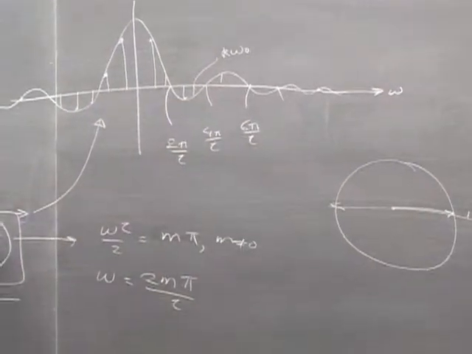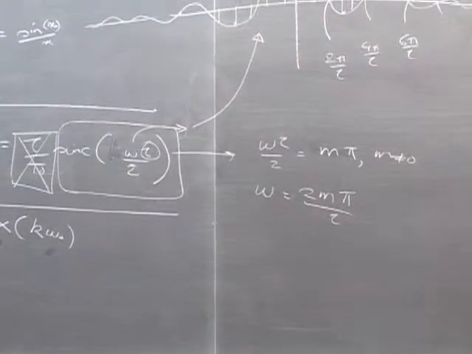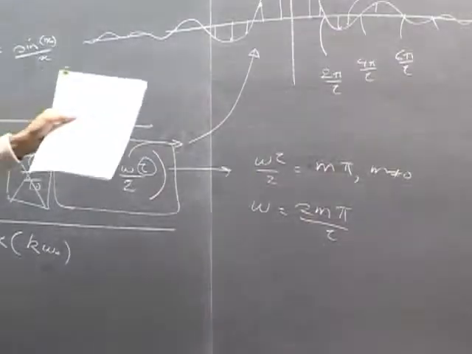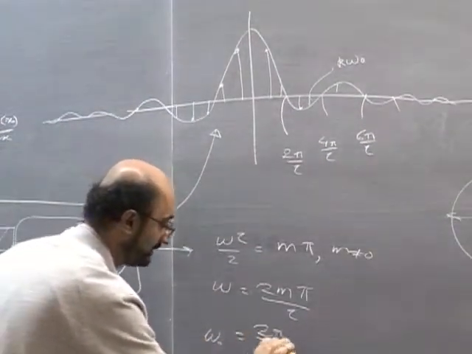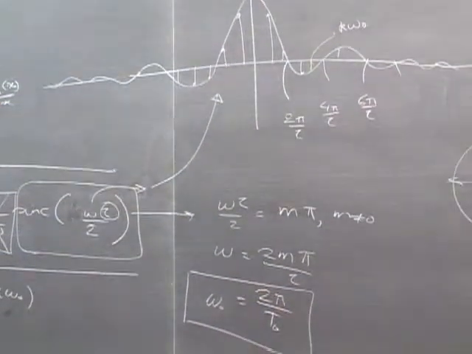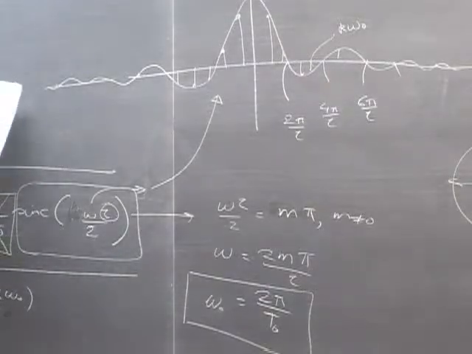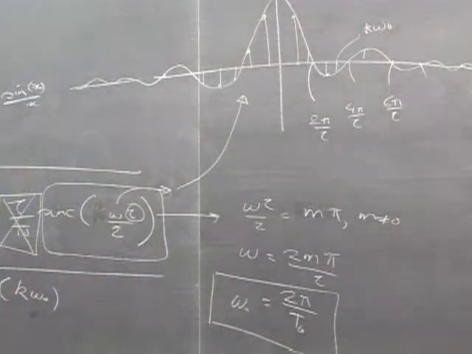It depends essentially on tau, which is the pulse width, but it's independent of the period. Whereas this value omega naught equals 2 pi over T0 depends on T0, whereas this function over here does not depend on T0, it depends only on tau. Okay, so what does this mean?